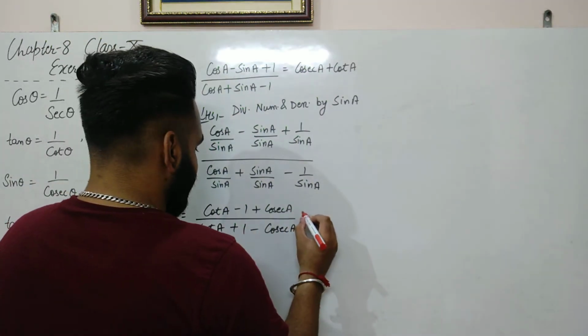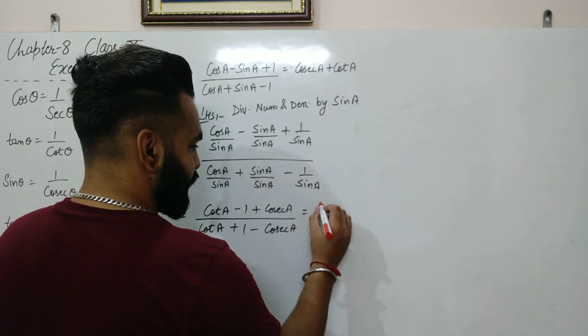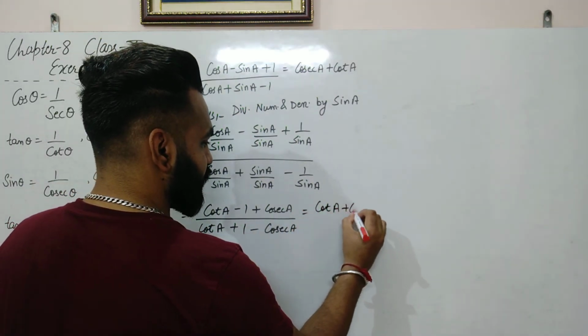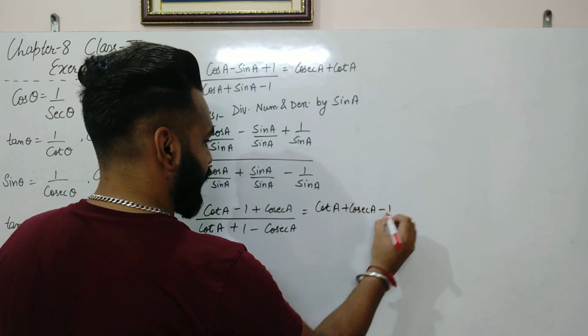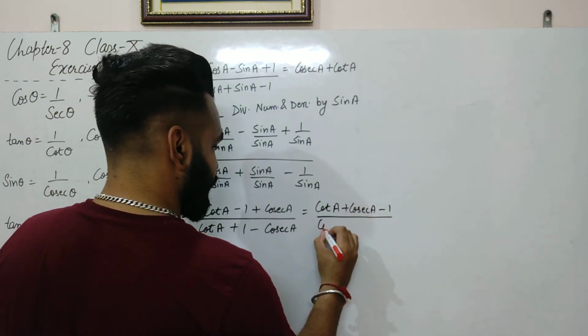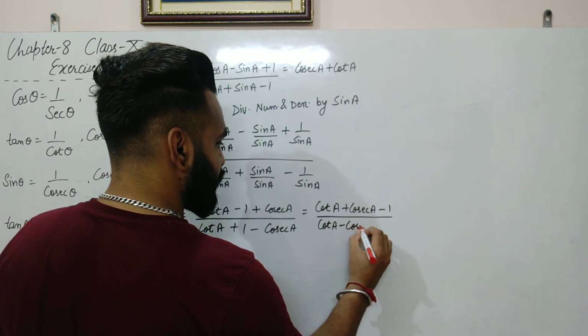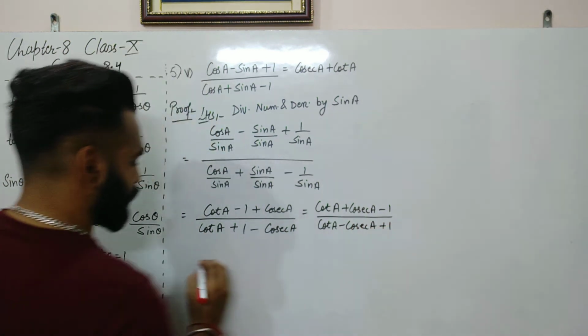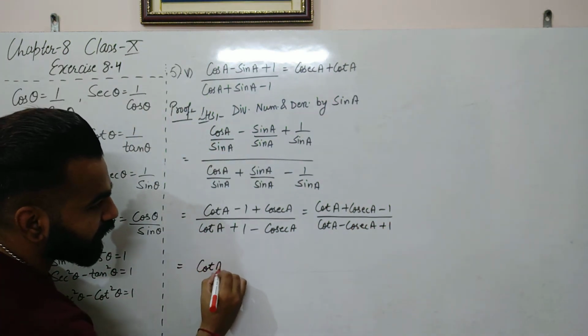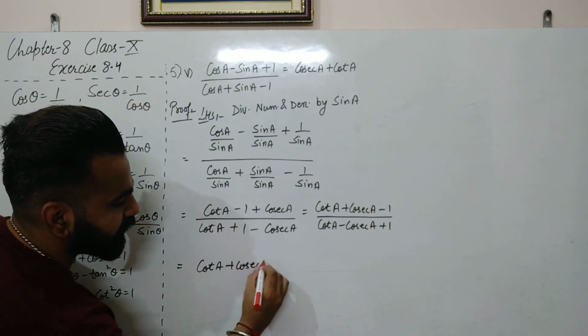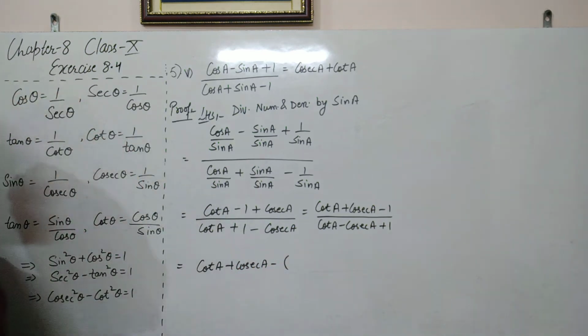So let's reshuffle the terms. This will be cot A plus cosec A minus 1. This will be cot A minus cosec A plus 1. Cot A plus cosec A minus. What is the identity for cosec and cot? This is the identity here.